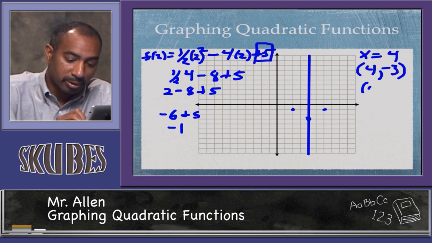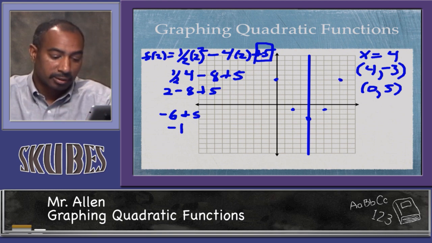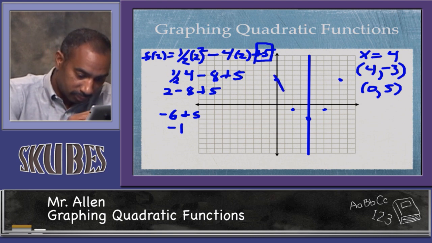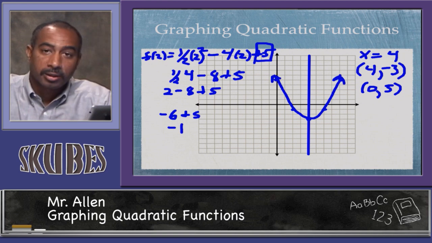So when x is 0, y has to be 5. So I'm going to count up 1, 2, 3, 4, 5. And I can count the same distance back over. I got 1, 2, 3, 4 squares to the line of symmetry, so I can count out 1, 2, 3, 4 and complete this graph. And it's going to go like this. This concludes our lesson for today.